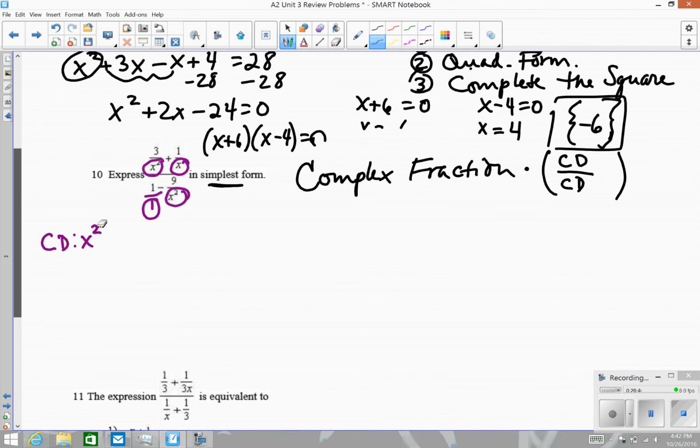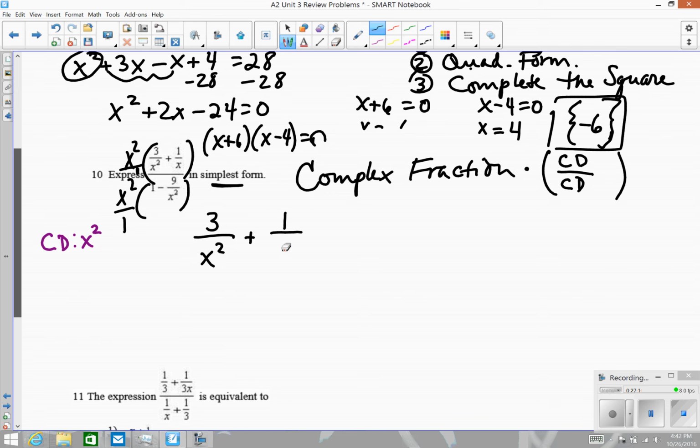I'm going to multiply everything in the numerator and everything in the denominator by my x squared. And I'm going to make sure I think of this as x squared over 1 times x squared over 1. Now, what we did in class is just start distributing that x squared over 1 to each term. So I'm going to rewrite my complex fraction here.